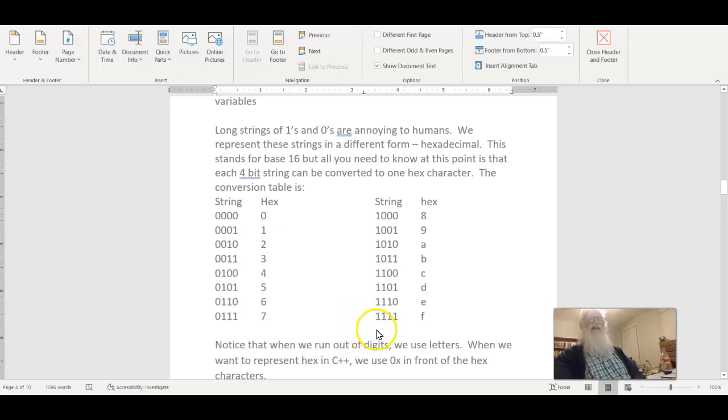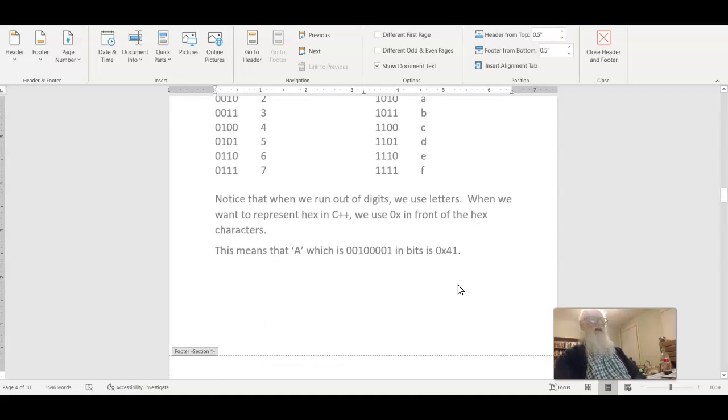You're going to have 1 and 4 zeros. So that is the way we'll look at a lot of things to make it easier. So, for example, I showed you what A is, because A is represented by 41 in hex, and then I converted 41 to binary.